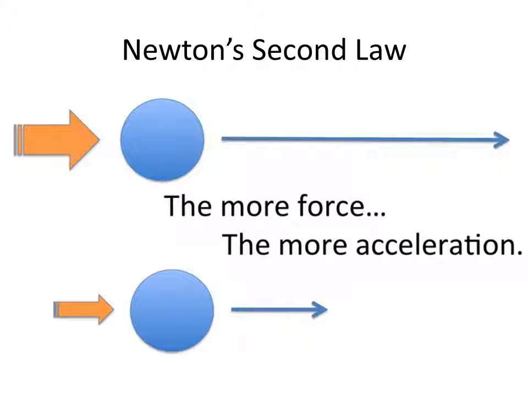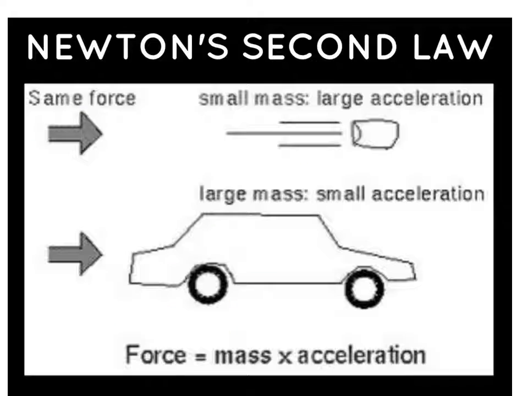Newton's second law can be described in two ways. Here you have the same object receiving different amounts of force. On the upper diagram, a large force will cause this object to accelerate more than if you apply a small force to the object. So basically, a big force causes a big movement and a small force causes a small movement if you have the same sized object.